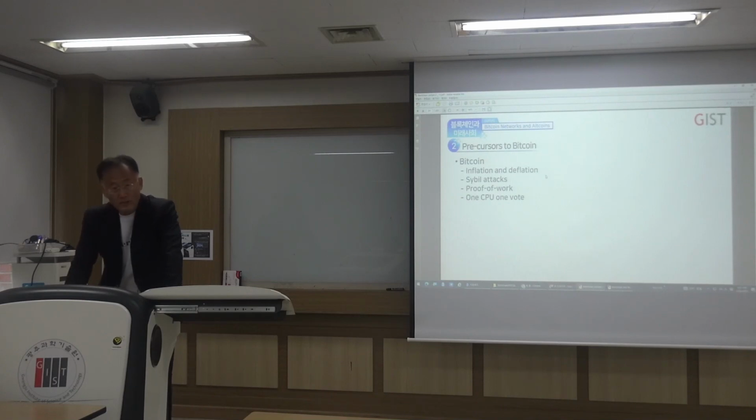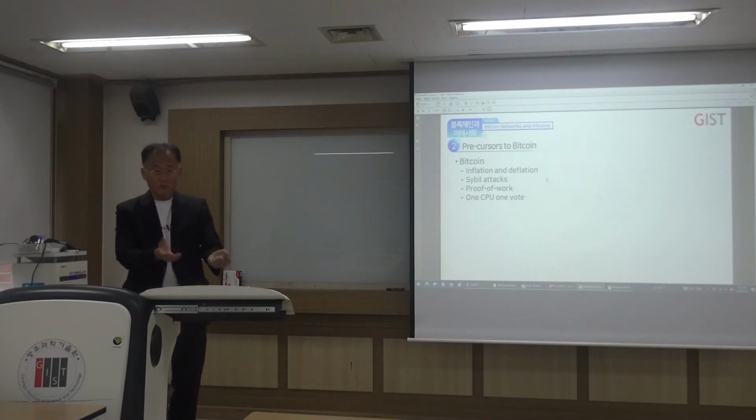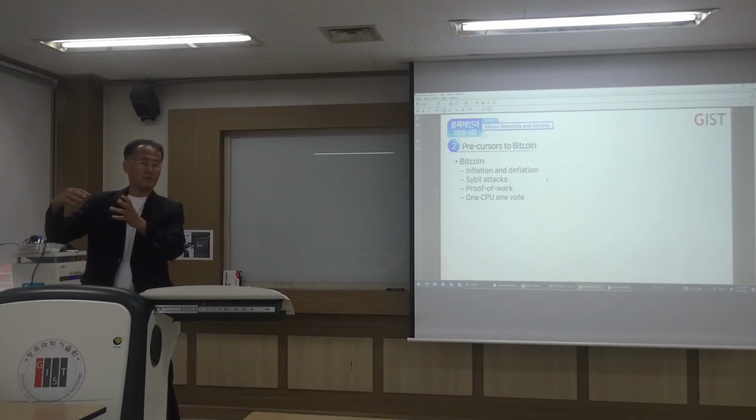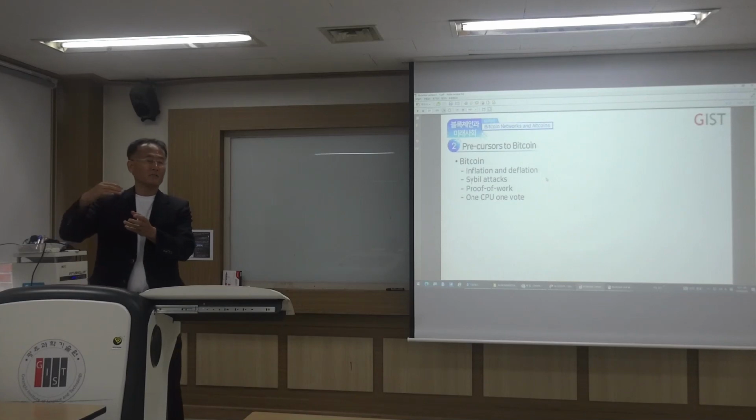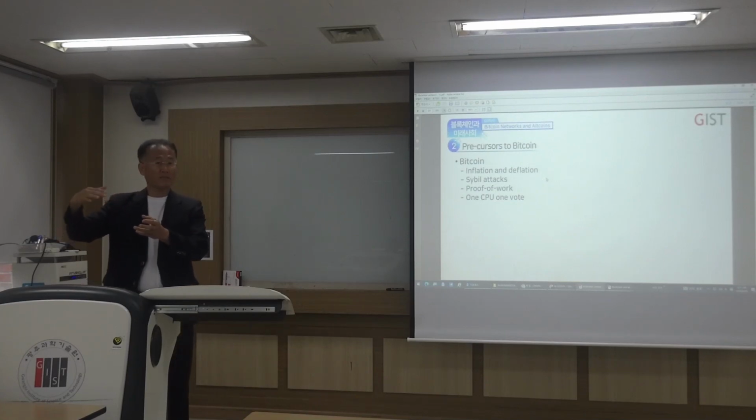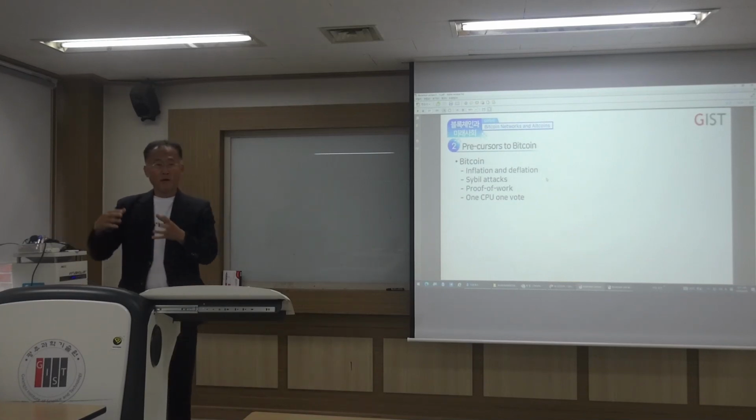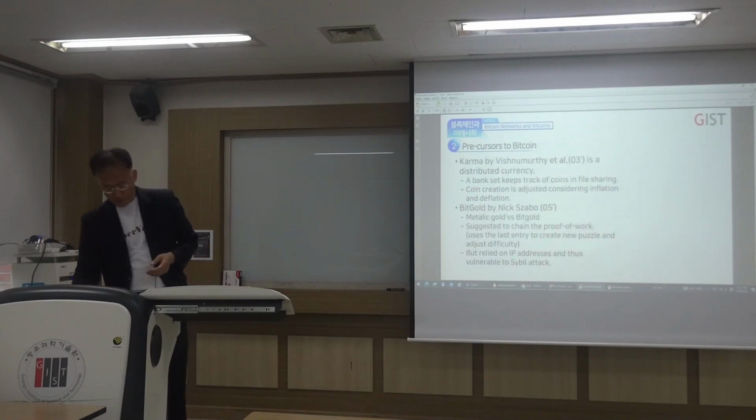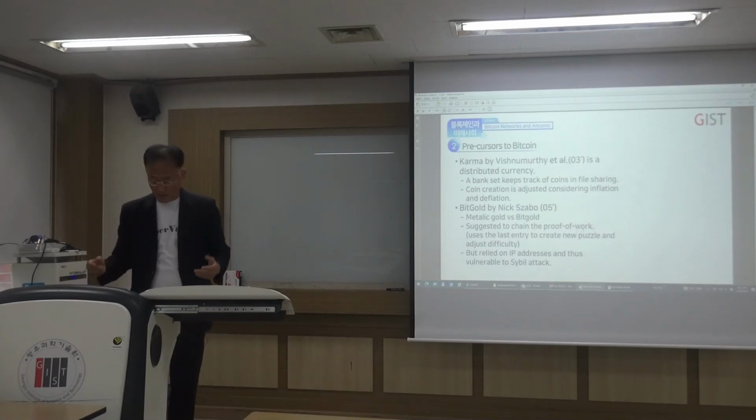And Bitcoin makes use of POW, and a series of blocks chained by hash functions. So that was the original idea, given by Nick Szabo, who basically suggested to chain the proof of work, right? So he has done that.